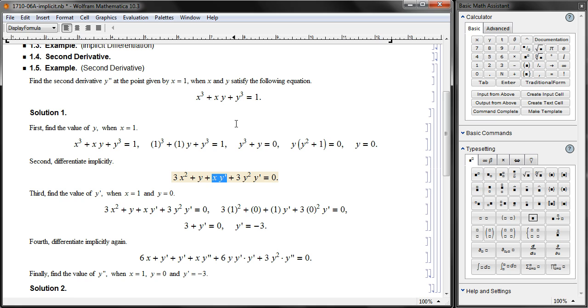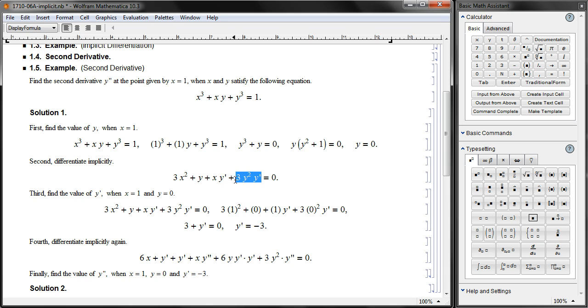Oh, excuse me, did I say quotient rule? It's product rule, excuse me. X times y prime, apply the product rule. The derivative of the first function times the second function, and first function times the derivative of the second function. 1 times y prime, and then x times y double prime. You see? The same implicit differentiation technique.